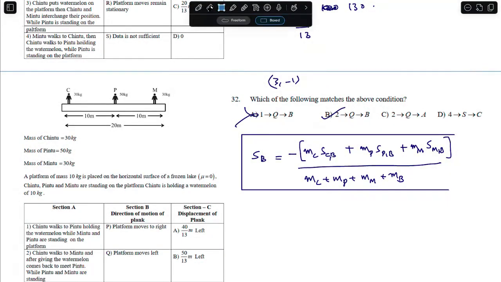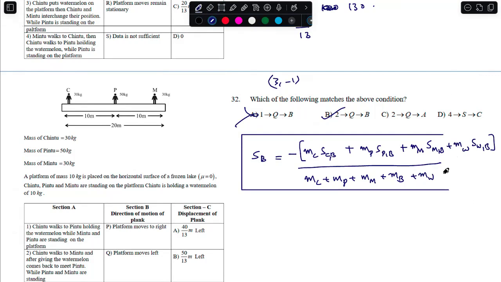You take the watermelon also: displacement of the watermelon with respect to the boat times mass of the watermelon. That's all.